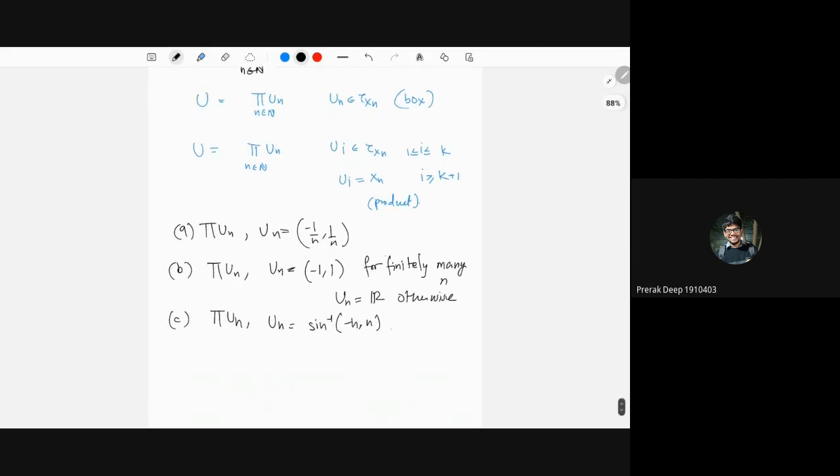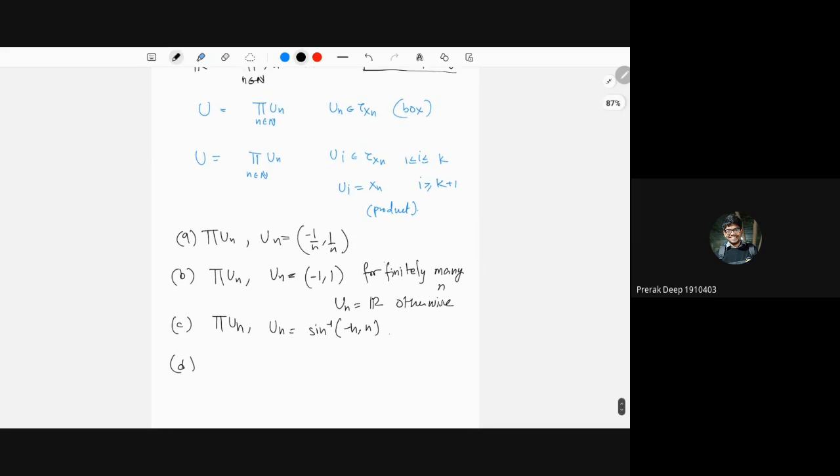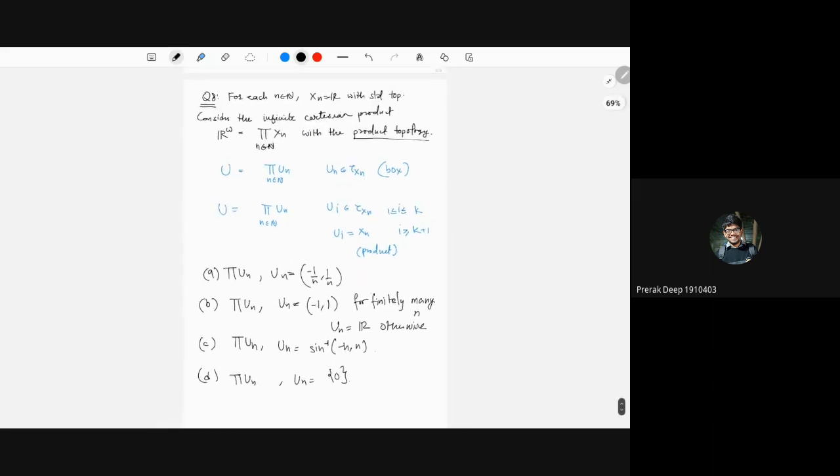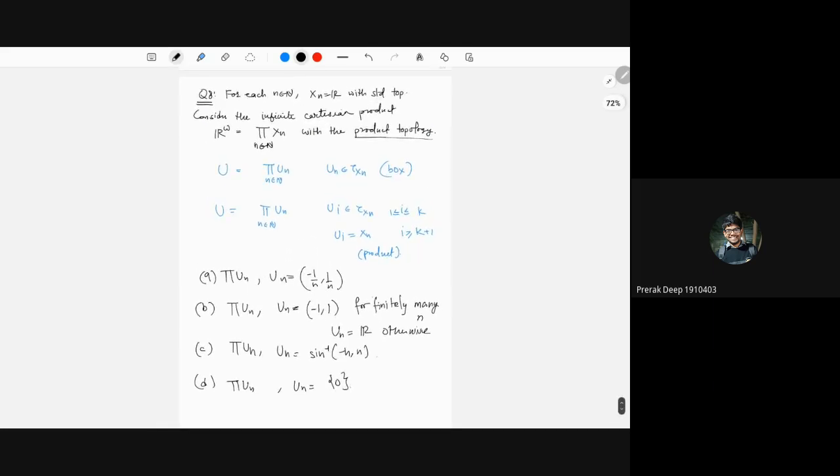And option D is the product of Un with Un to be the singleton 0. Again, I will pause for a few minutes and then we will discuss the solution.